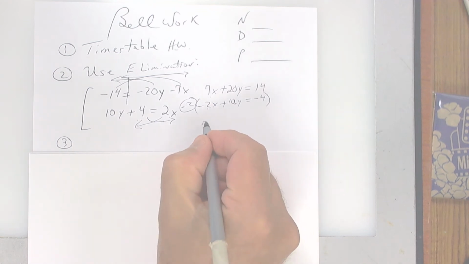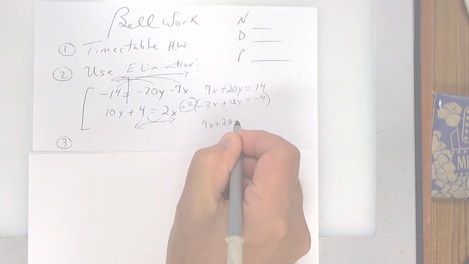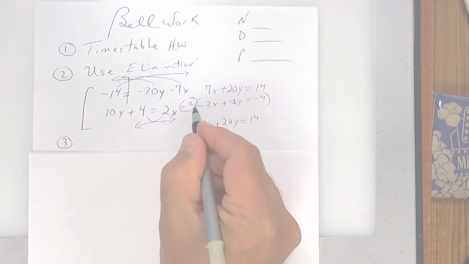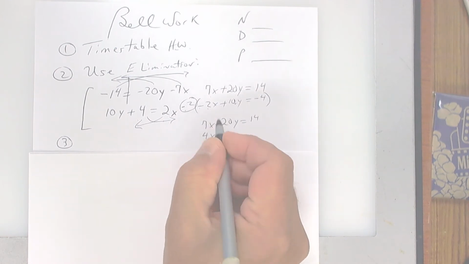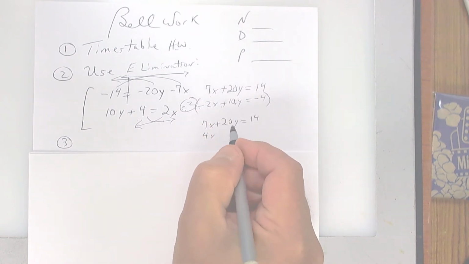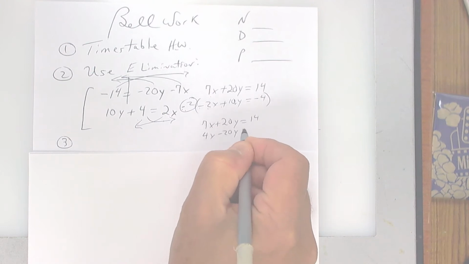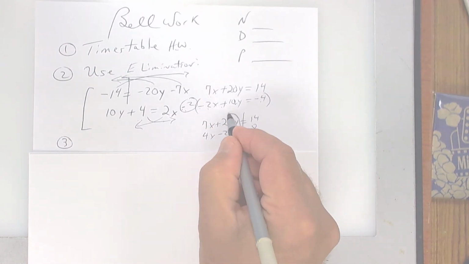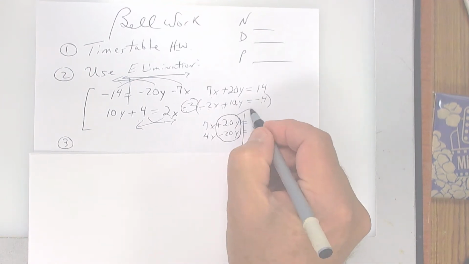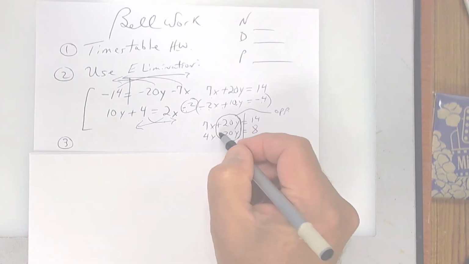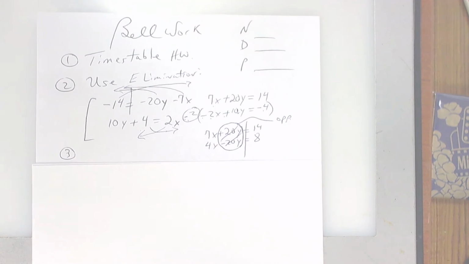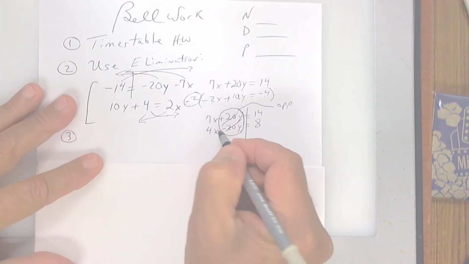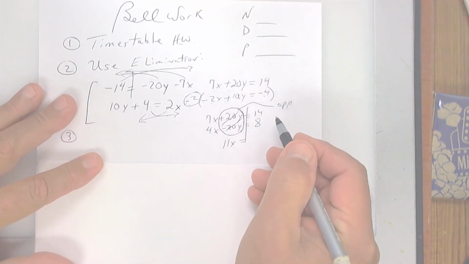Rewrite the first one, and then multiply. Double negative makes a positive. One negative makes a negative. And then a double negative makes a positive. So you see that these two are opposites, and that's what you're shooting for. Opposites cancel, so that's going to give you 11x is equal to whatever that is.